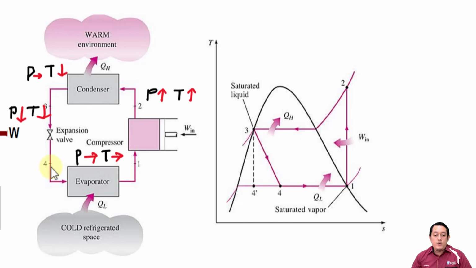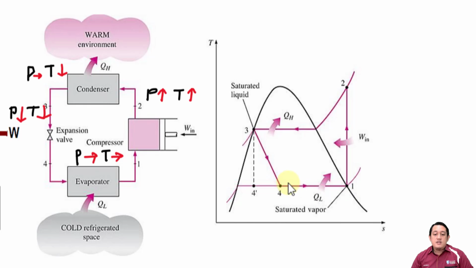Okay, and then it will enter this evaporator here. So this is why, as I mentioned earlier, pressure constant, temperature also constant. Why? Because the refrigerant is changing its phase from mixture to 100% gas.